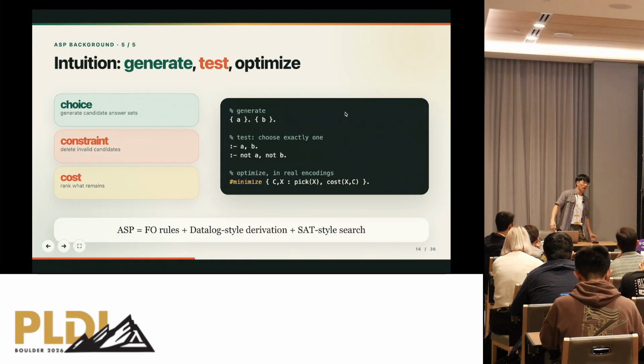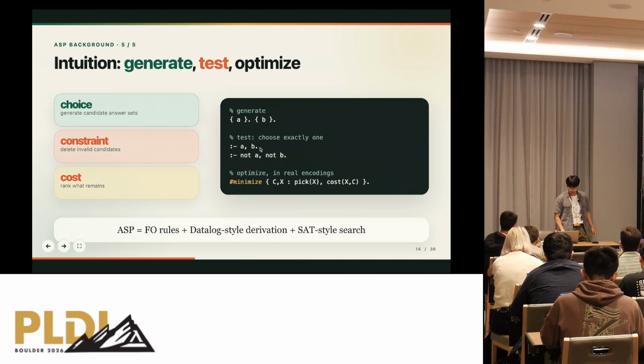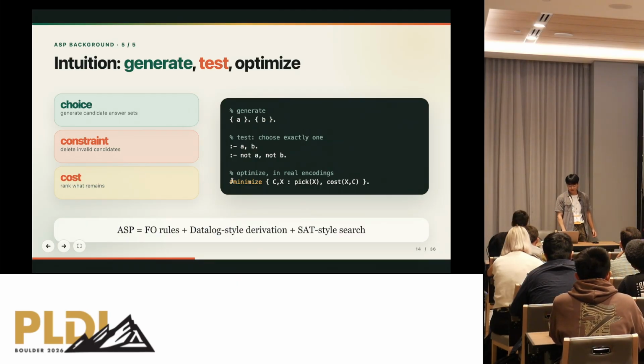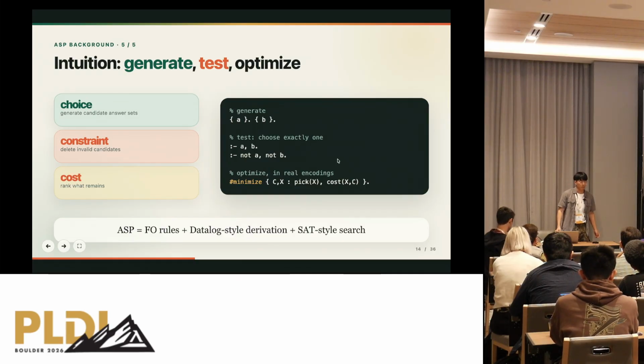So the high-level intuition about ASP is to generate different possible models and use the constraints, which are in the form of rules without head, to eliminate certain models. And potentially, we have some optimization metric to get the optimal models.